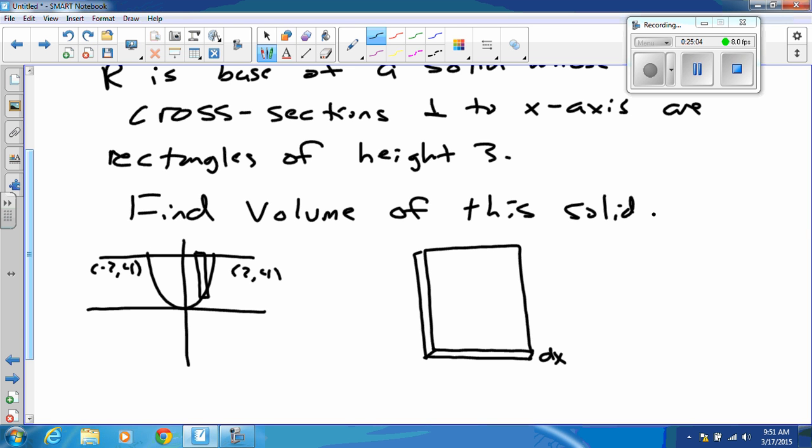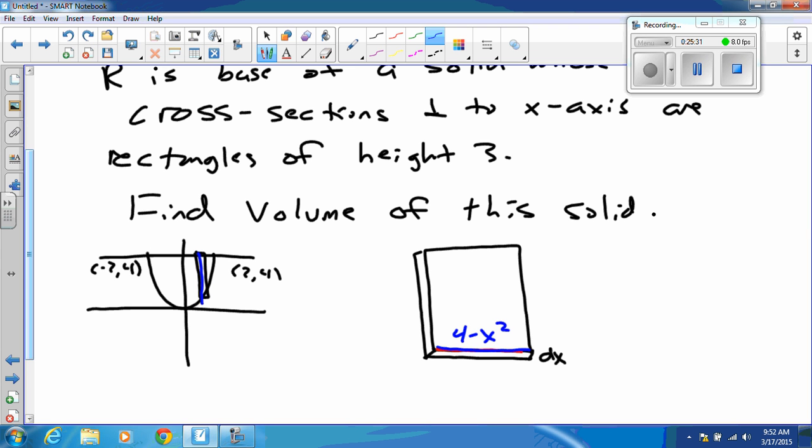The width here is dx. The length right here, I should do it in blue because I've done the others in blue, is the length of my representative cross-section right there. And I can go ahead and label that as curve minus curve, because I know already that its length is going to be that length, which is 4 minus x squared.